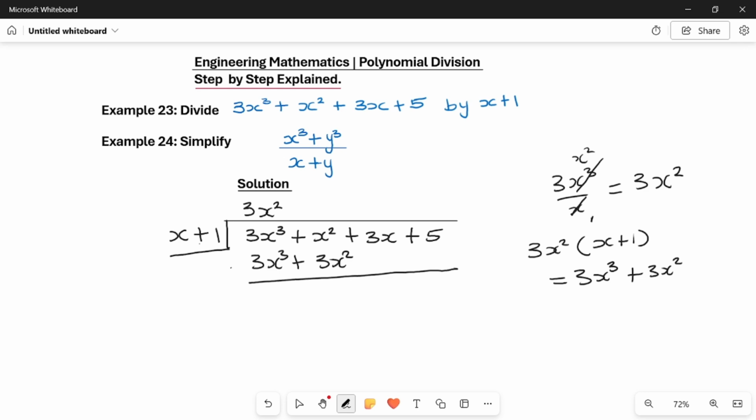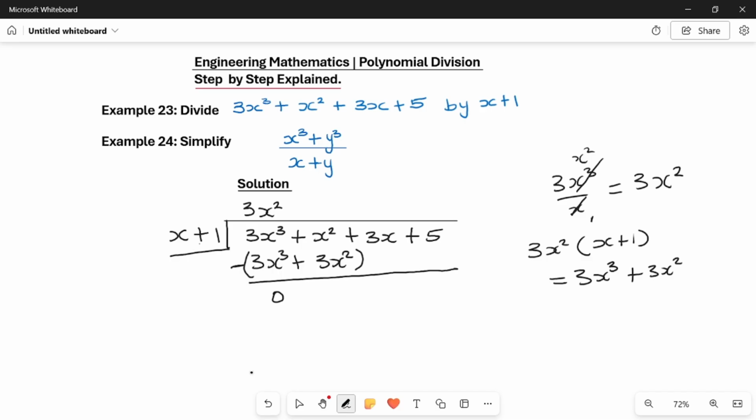Next step is to what? Subtract. So this subtraction will affect everything inside here. You can also put this in the bracket if you want. So 3x cubed minus 3x cubed will give us 0. Then x squared minus 3x squared.